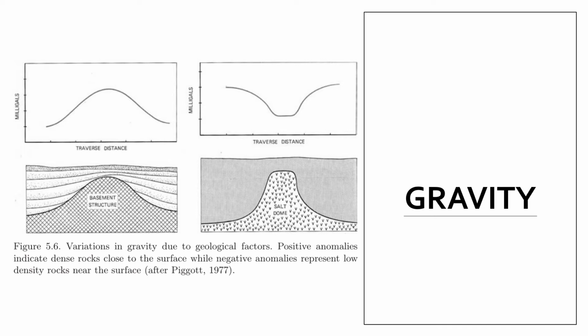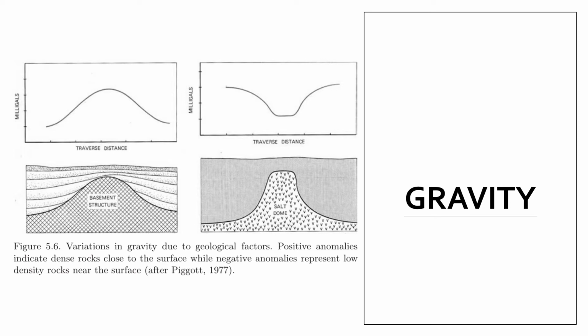We have on the top left a plot in milligauss, which is a measure of gravity, or you can imagine milligauss as a relative measure of density, right? And your x-axis is the traverse distance of your gravity survey, and below is the ideal geologic section of what is being surveyed.